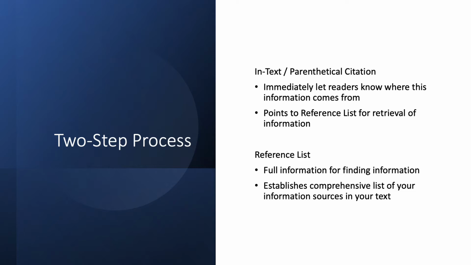So they'll then go to the end of your paper, see that comprehensive list of your information sources, pull out the one that they were interested in from that in-text citation, and then that will give them enough information to actually go search their own information resources, databases, what have you, and find that original article, book, or other source.